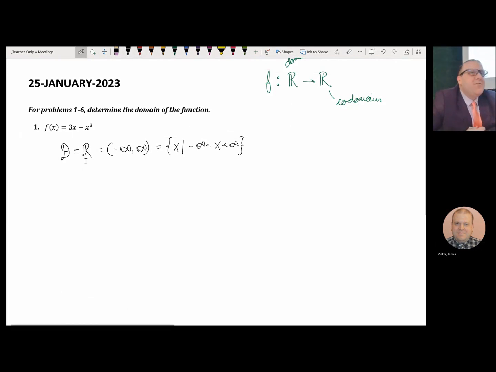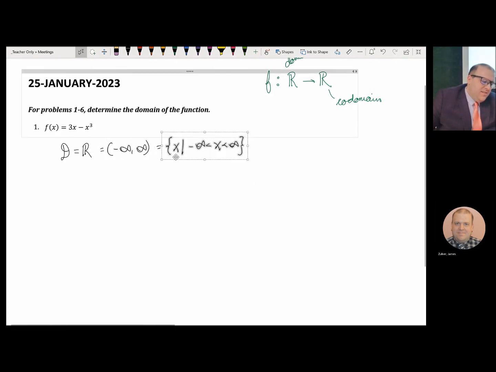All right, so these are the three ways to represent the set of real numbers. You can just use the blackboard bold R. This here is known as interval notation. This is called set builder notation.